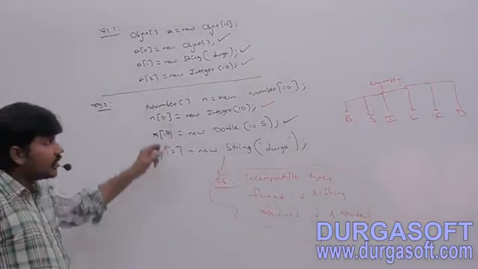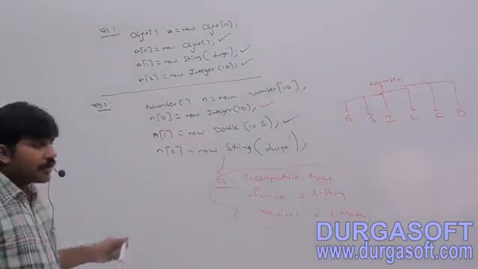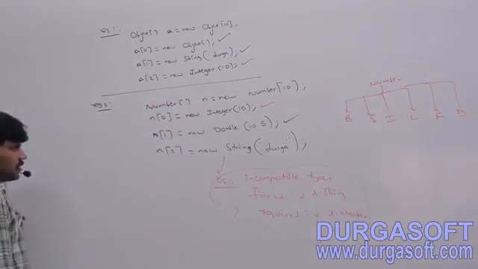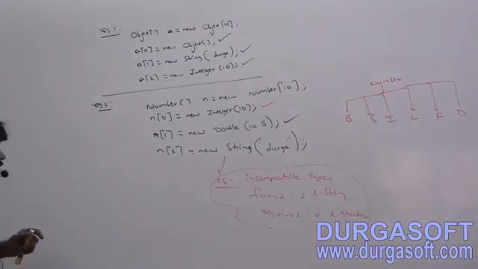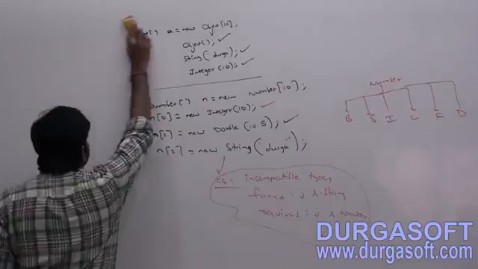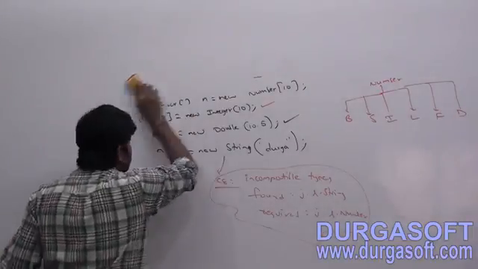Is any explanation required now? That's all. This is case 2, object type arrays. Now case 3.